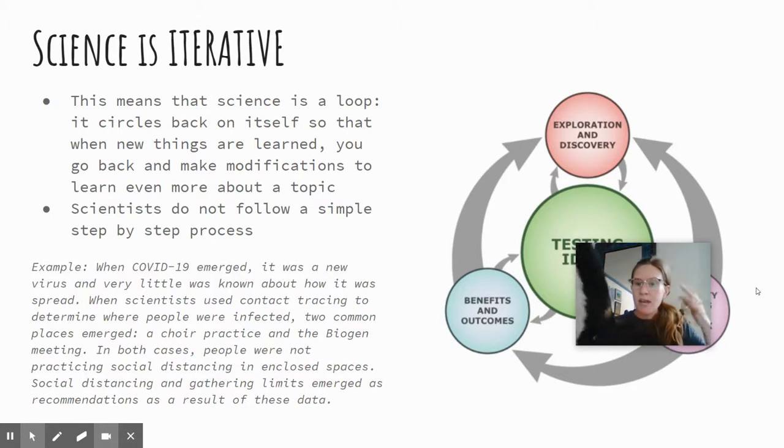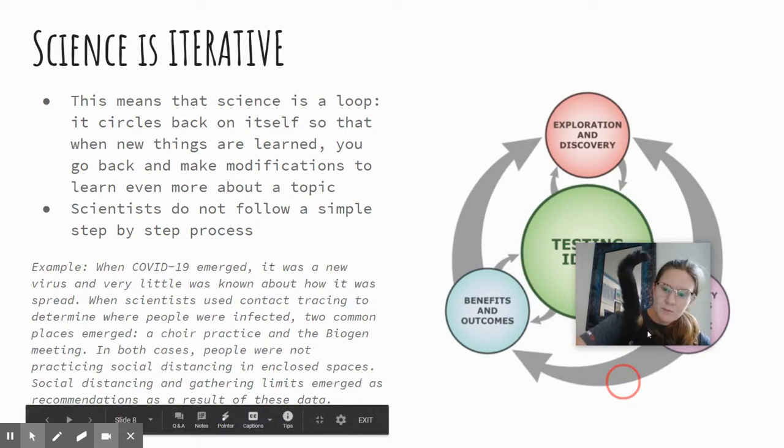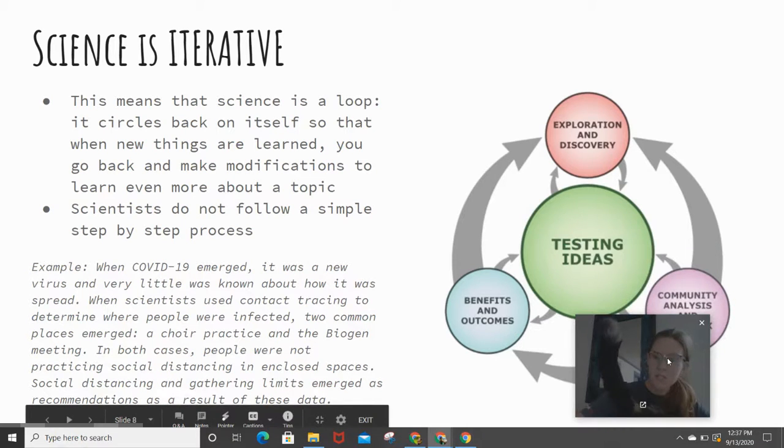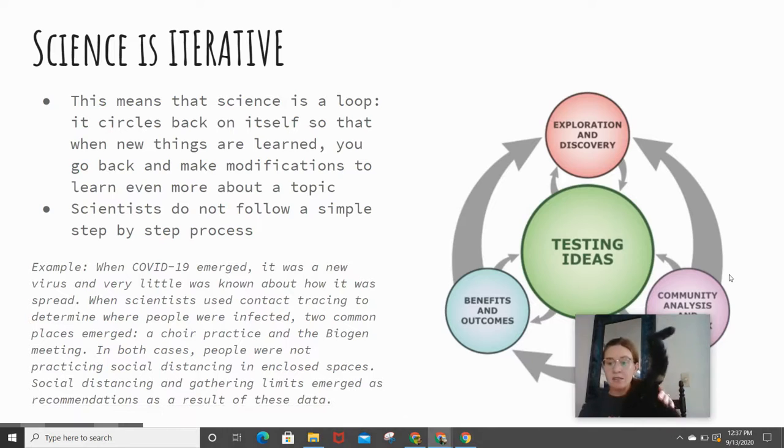So it's all about testing ideas like this image, and here's my cat helping me teach. Testing ideas, getting feedback from your peers and modifying these ideas, finding what some benefits are, what some outcomes are, exploring.